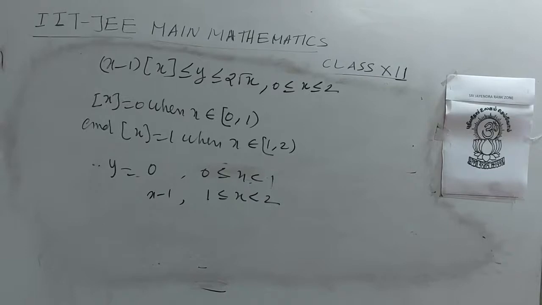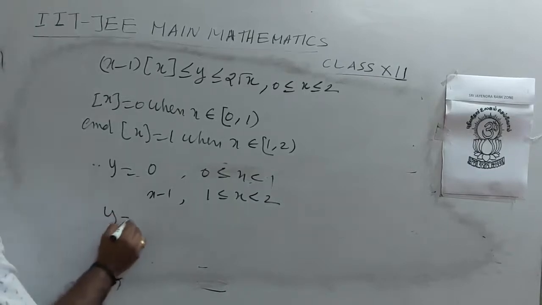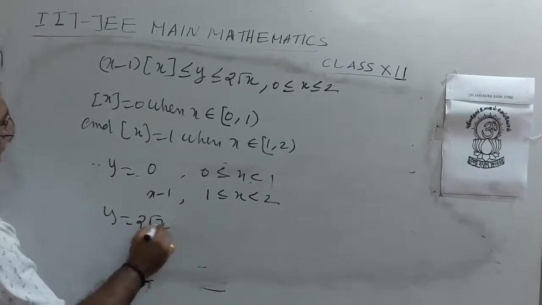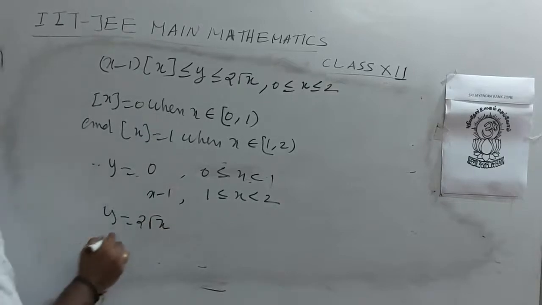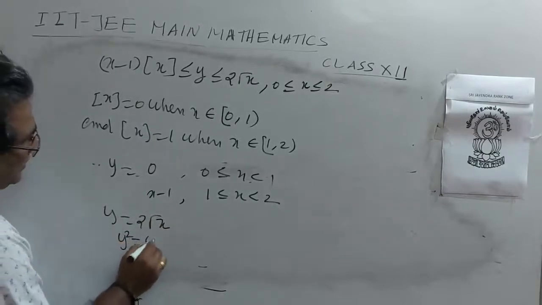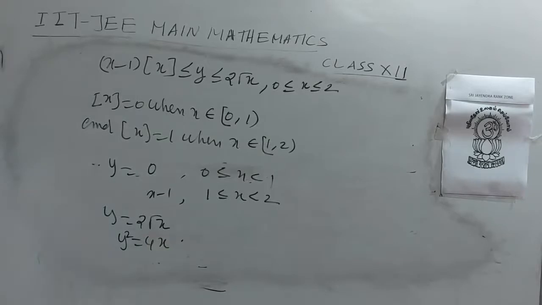The given curve is y equal to 2 root x, y squared equal to 4x.